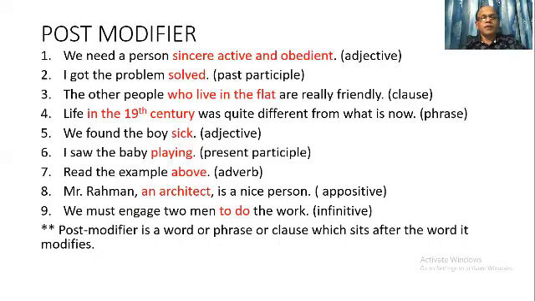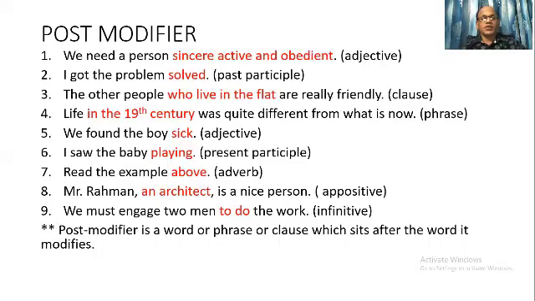Number seven, read the example above. Above is an adverb here. It modifies the noun example. Number eight, Mr. Rahman, an architect, is a nice person. An architect is a positive. It gives some extra meaning to the noun Mr. Rahman.